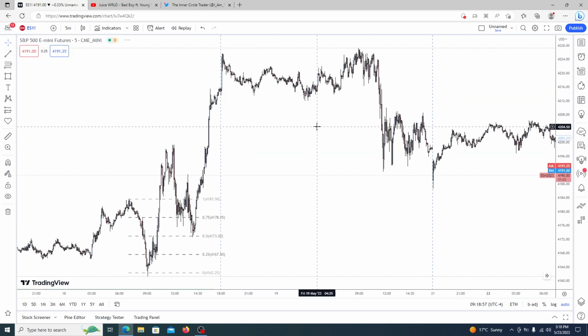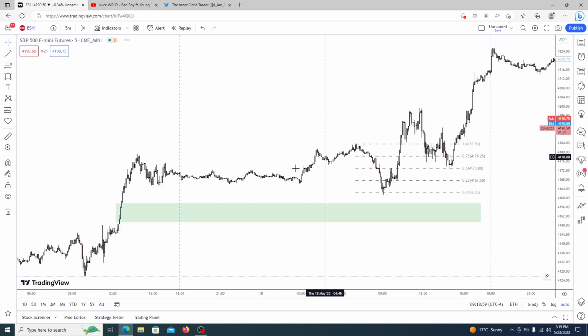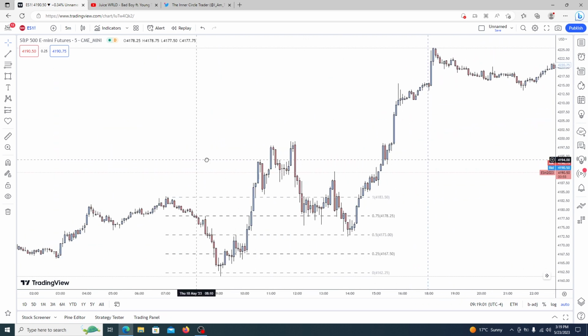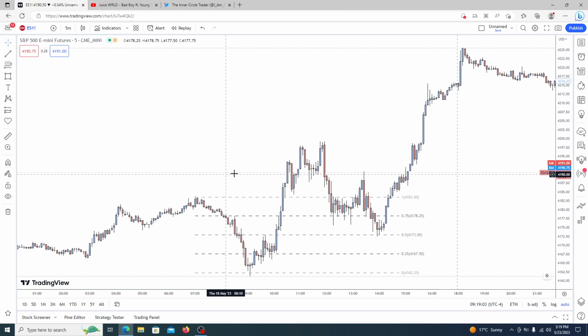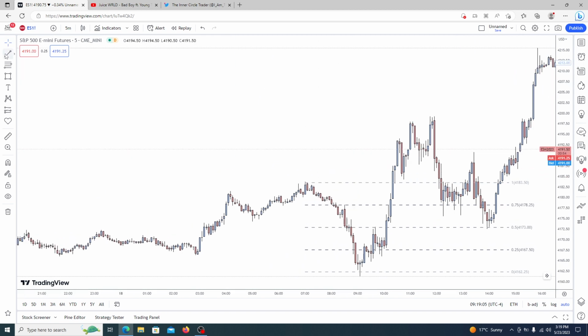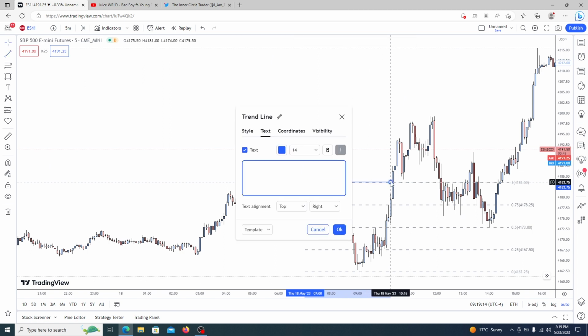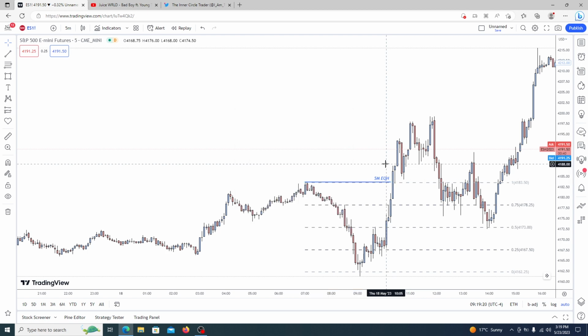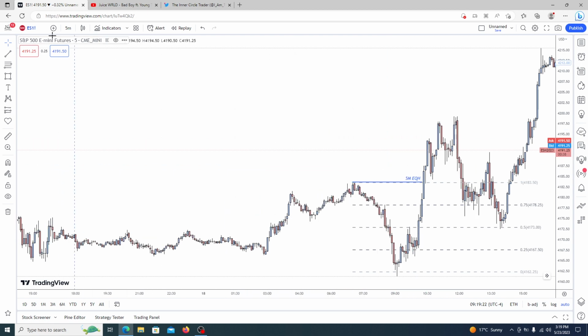First of all, you would then have to go to higher time frames to find areas in price where you would be able to take targets, like this 5-minute equal highs. That would be a potential target.